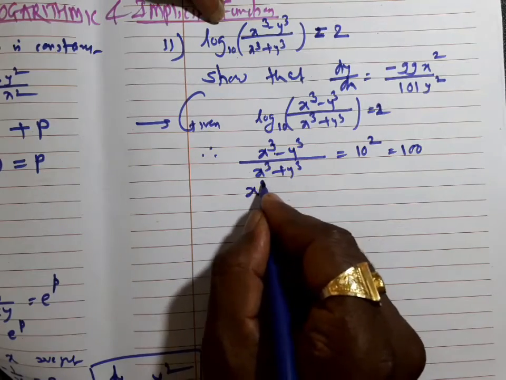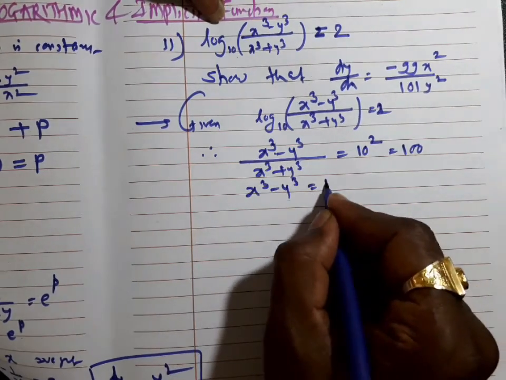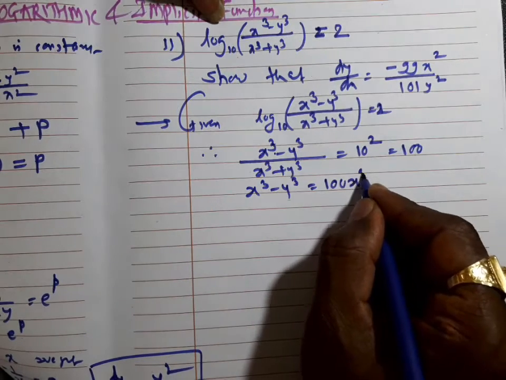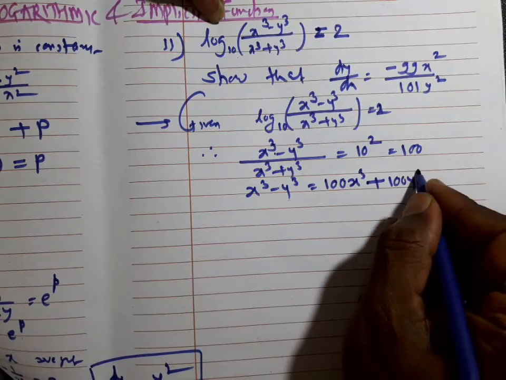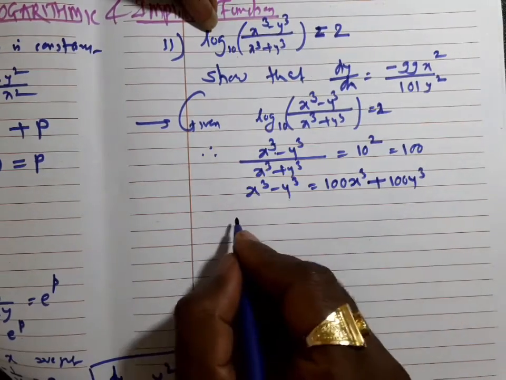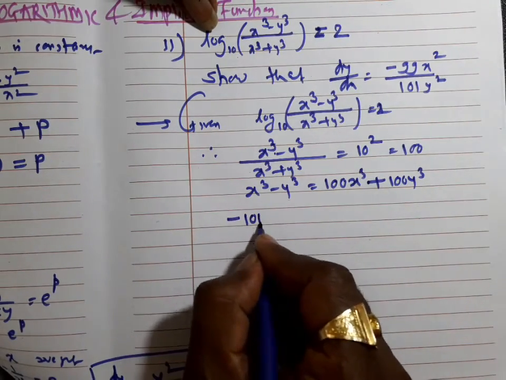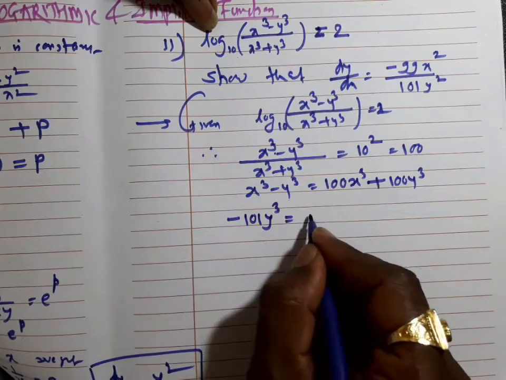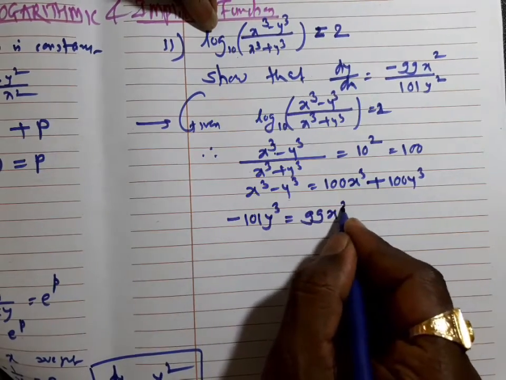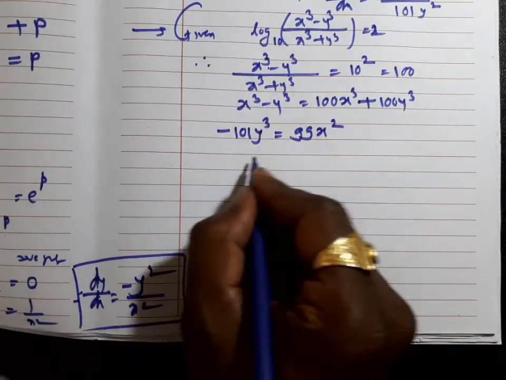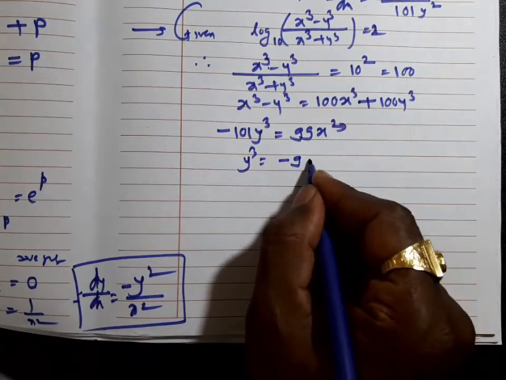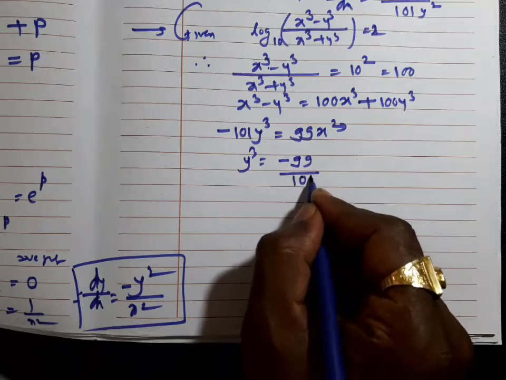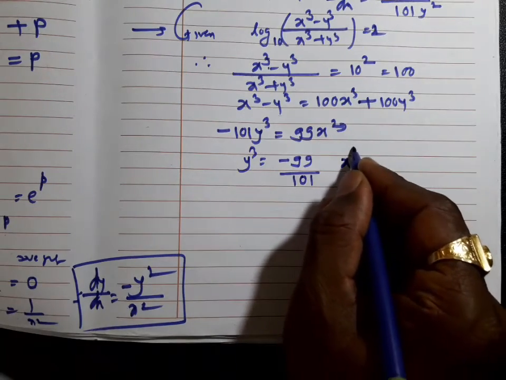Now by cross multiplication, x cube minus y cube is equal to 100 x cube plus 100 y cube. This is nothing but 101 y cube is equal to minus 99 x cube. So y cube is equal to minus 99 upon 101 x cube.